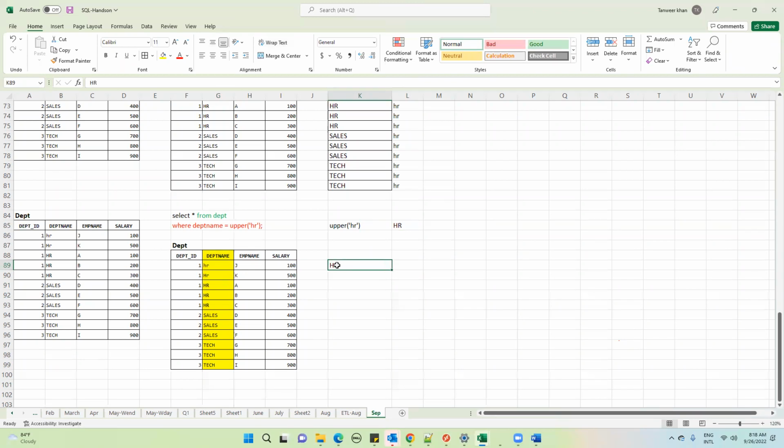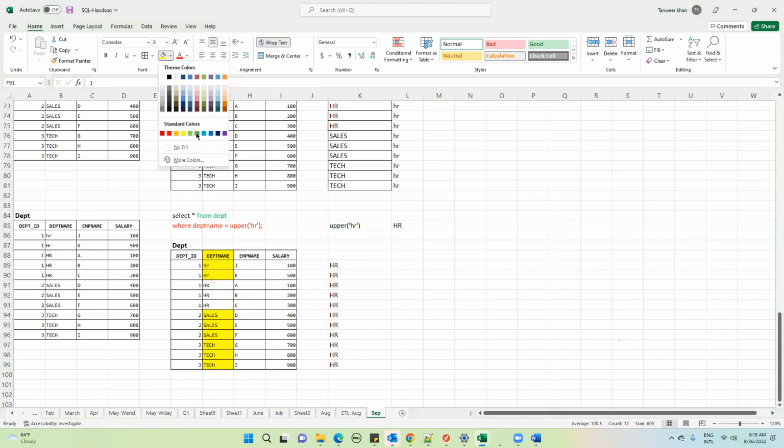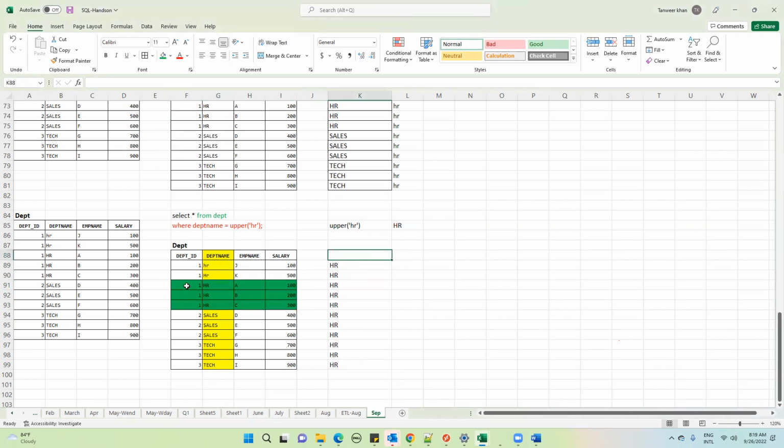Is this same? No. Is this same? Yes. Similarly, these three are the same, three values. So finally, in the result, you will get only these three, A, B, C.